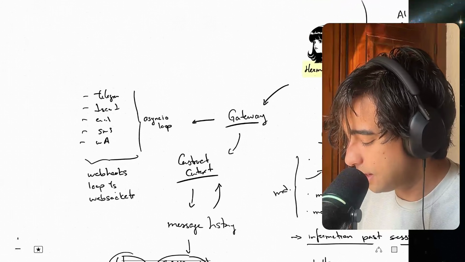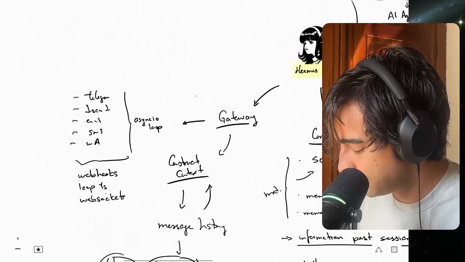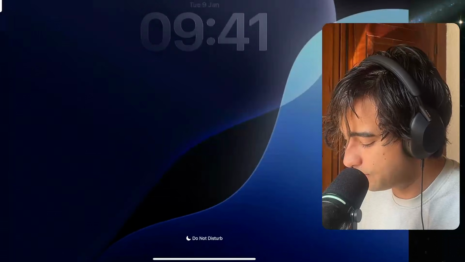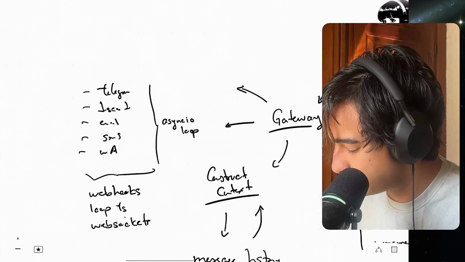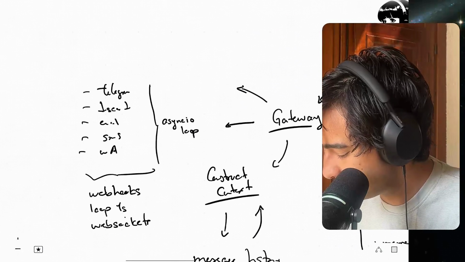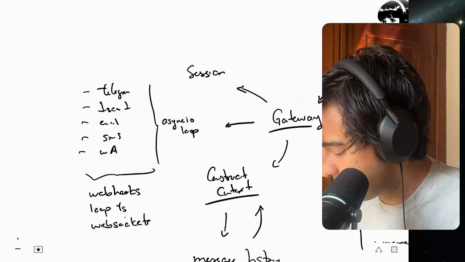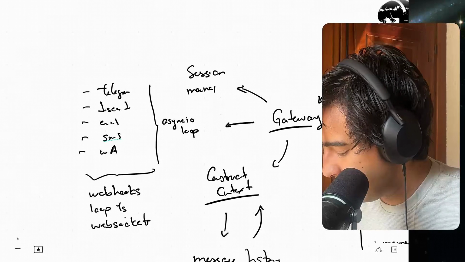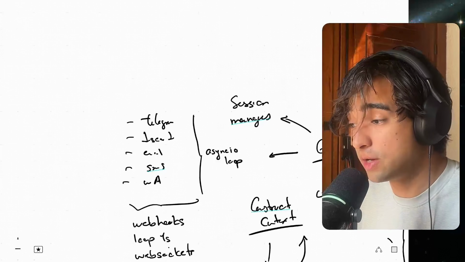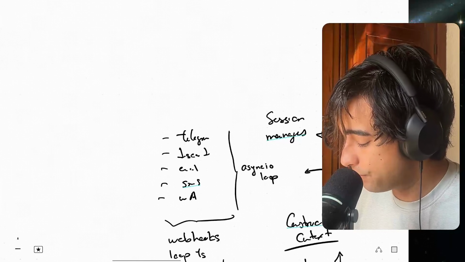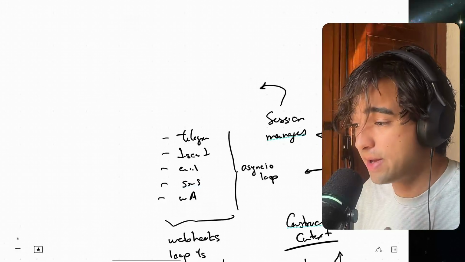And something else that I should not forget to mention is that the gateway also has some sort of a session manager. And this is important because it handles what messages actually reach the large language model, depending on when you sent them.